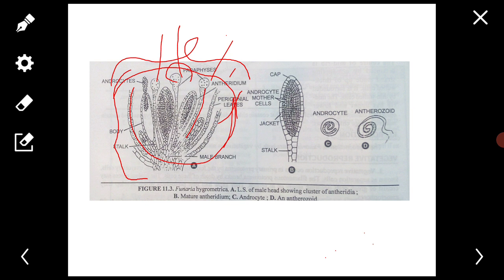They retain water in between and secrete mucilage, which helps in dehiscence of the mature antheridium.